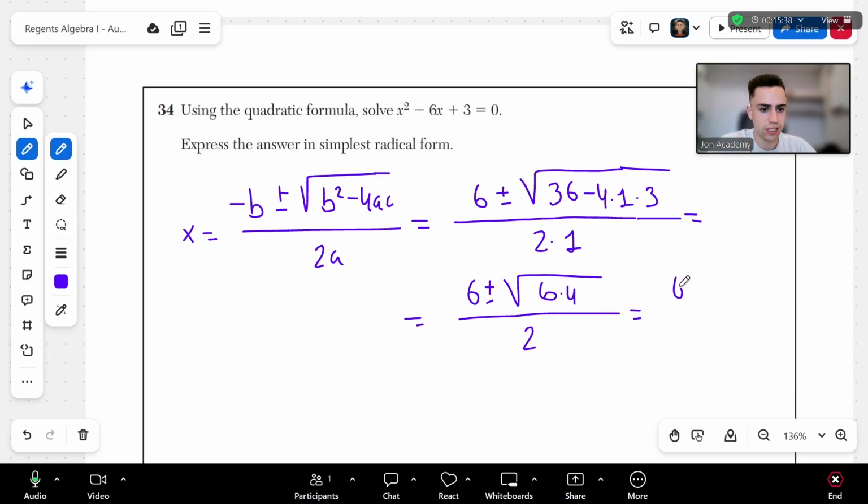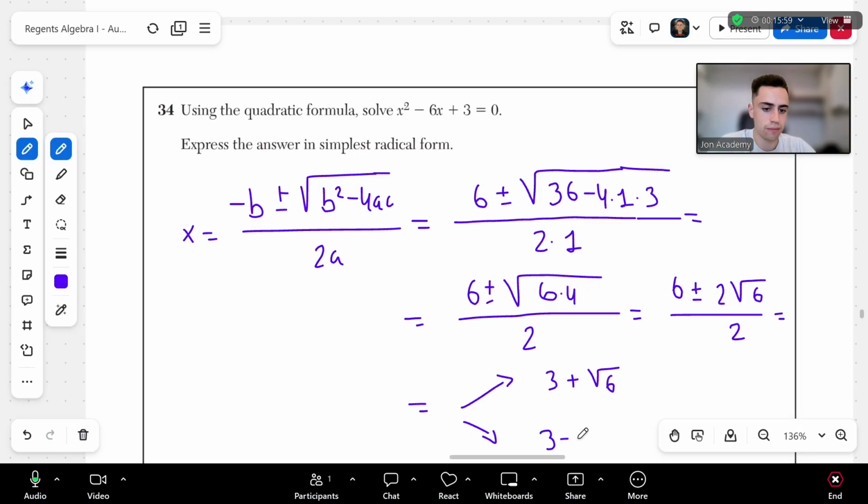So it's gonna be 6 plus minus 2 square root of 6 divided by 2. And now finally, we can simplify this, no? And the two solutions are gonna be 3 plus square root of 6, with the one with the plus, and 3 minus square root of 6. So those are the two final answers here.